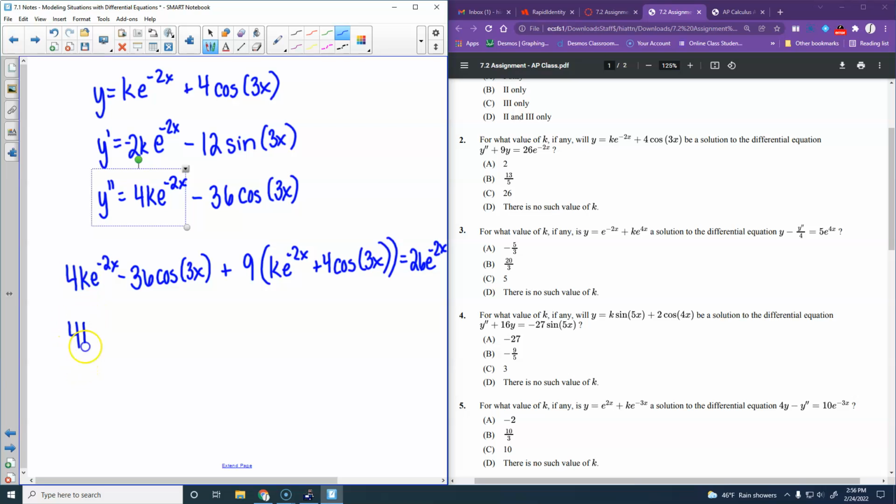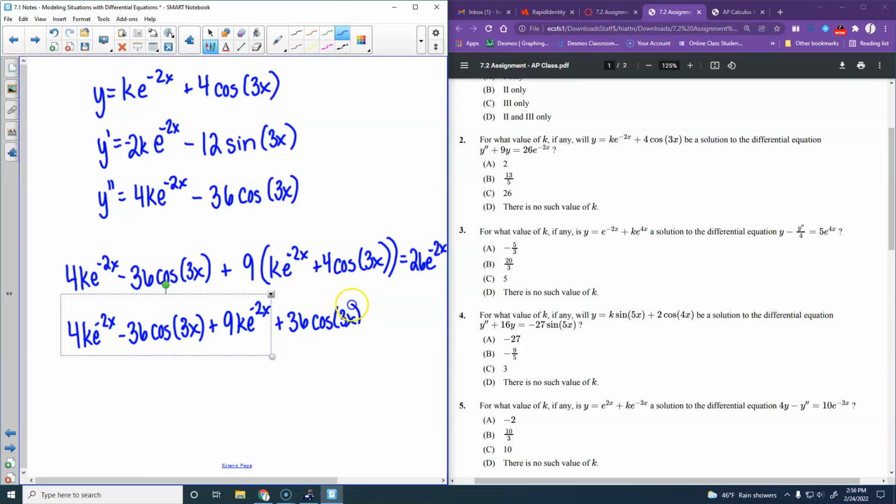So you got 4k e to the negative 2x minus 36 cosine of 3x plus 9k e to the negative 2x plus 36 cosine of 3x equals 26 e to the negative 2x.